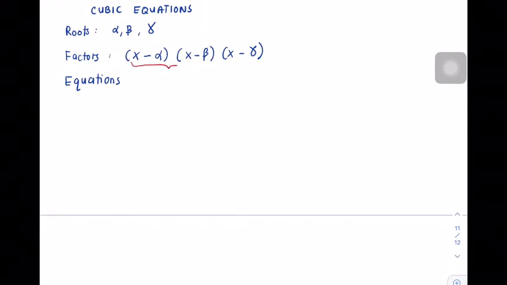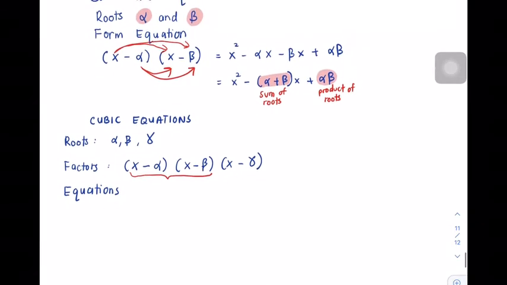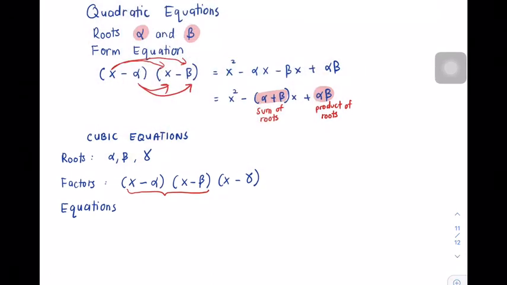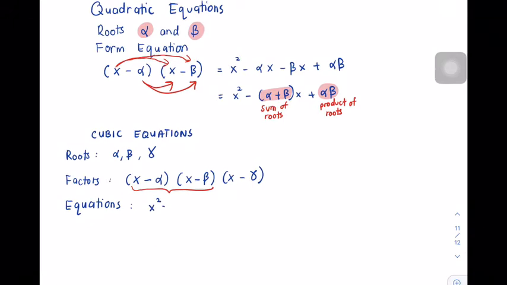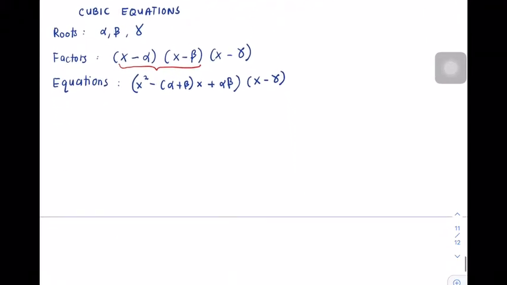Start with these two, which we already know from the quadratic equation, it will become x squared minus (alpha plus beta) x plus alpha times beta. So all of these will have to be multiplied by x minus gamma. To do this, you multiply one by one: x squared times x, minus (alpha plus beta) x times x, alpha beta times x, and the same goes for the next term.